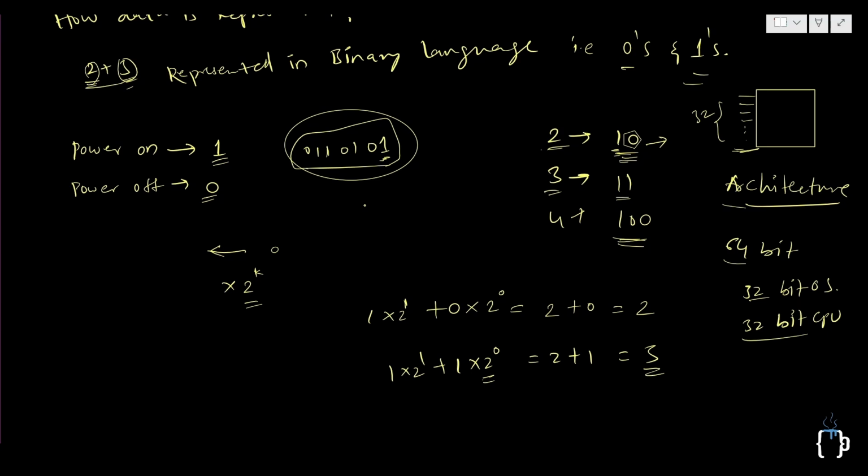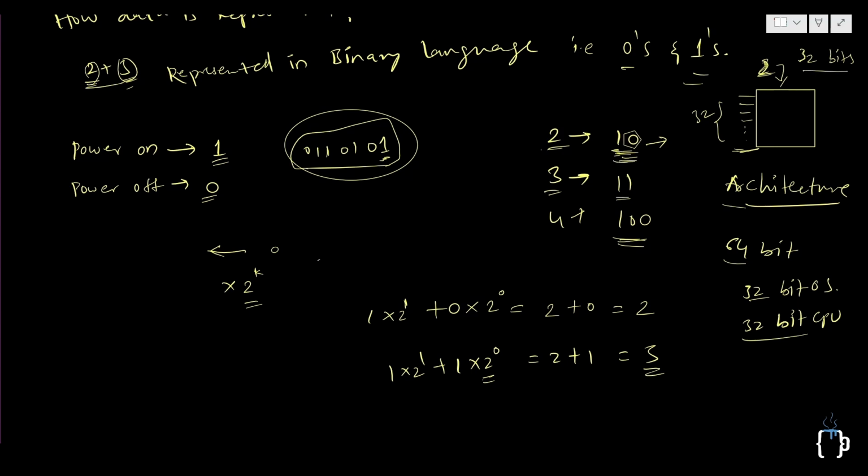Similarly, when you send 2 as a value to this CPU, we send 32 bits to this CPU. The number 2, which is 10, is represented using 32 bits.